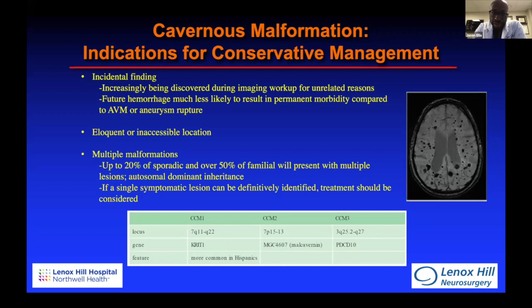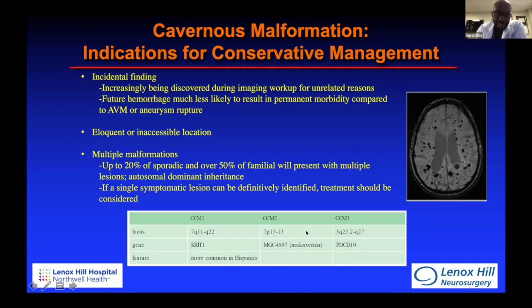About 50% of them are familial. Interesting thing, in the familial variety, we often see multiple. You can see in this brain, it has really innumerable cavernous malformations. And this is a patient who obviously has a non-surgical pathology, given the vast number of cavernomas that are present.